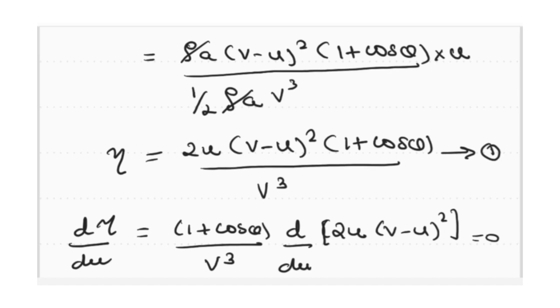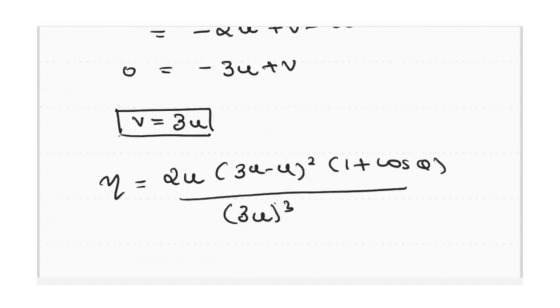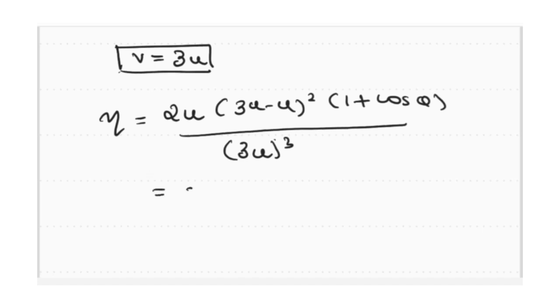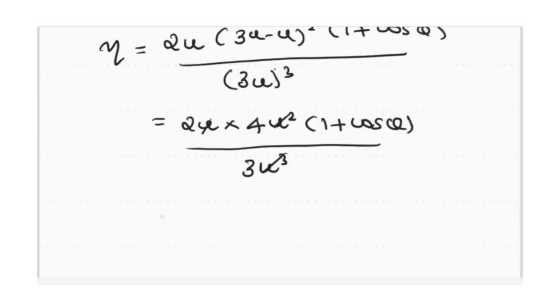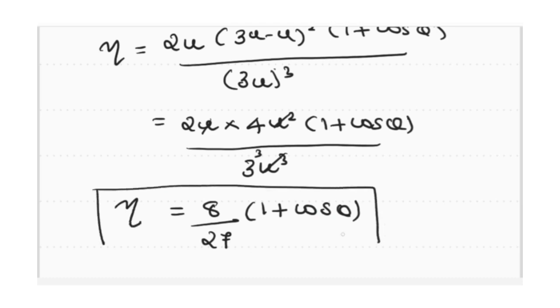So we have to solve this. 3u minus u is 2u, and 2u whole square is 4 u square, into (1 plus cos theta) divided by 27 u cube. u into u square is u cube, so this gets cancelled. 2 into 4 is 8, and 3 cube is 27. So the efficiency eta is equal to 8 by 27 into (1 plus cos theta). That is what was given.